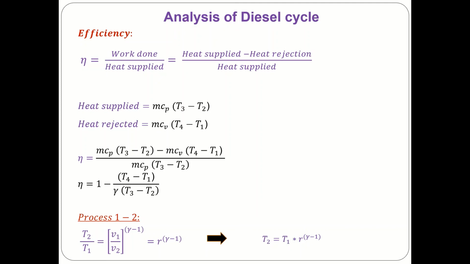When you substitute that, finally in the expression, T1 will get cancelled and you are left with the known terms. So, T2 by T1 for a reversible adiabatic compression process can be written as V1 by V2 raised to gamma minus 1, which is same as R raised to gamma minus 1. So, T2 can be written as T1 into R raised to gamma minus 1.